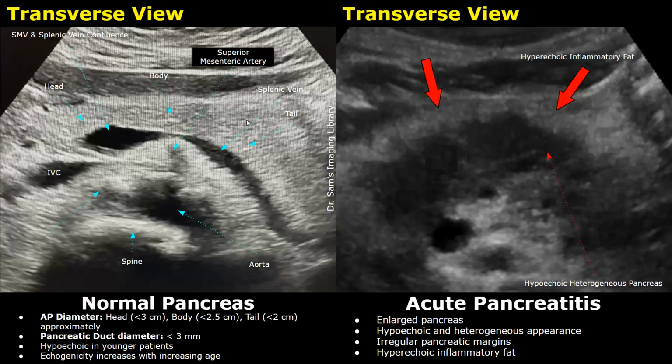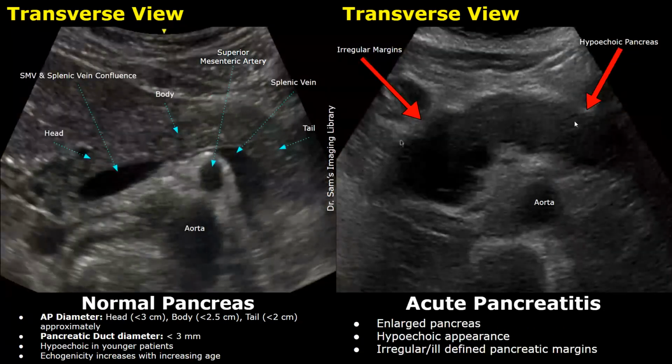In the image on the right, the pancreas is enlarged and has irregular margins. Irregular margins can be seen in cases of acute pancreatitis. You can also notice the hyperechoic inflammatory fat surrounding the inflamed pancreas.